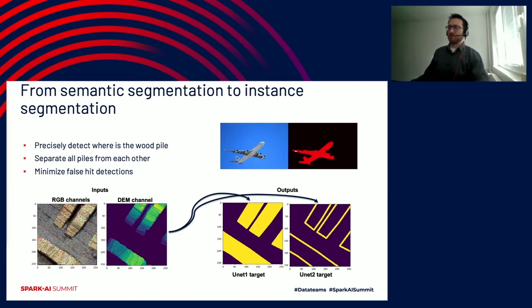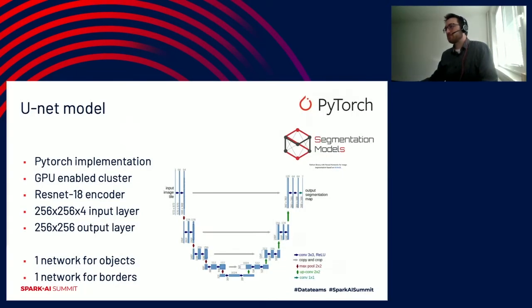So as you can see, for that purpose, this model utilizes two deep learning networks. The first one predicts the objects, the second one predicts the borders, and by their combination, the final outcome is delivered. Both of them are using the same inputs, but I will come to that later.